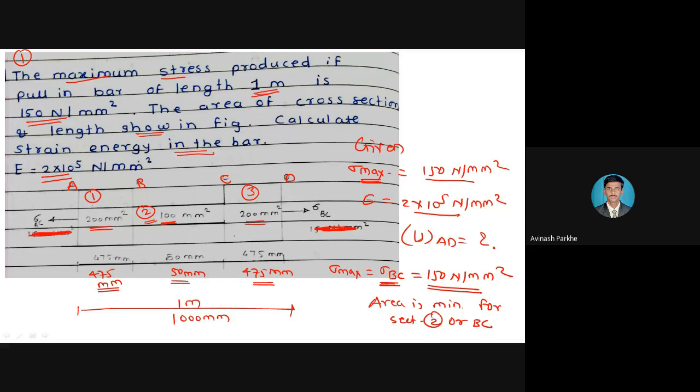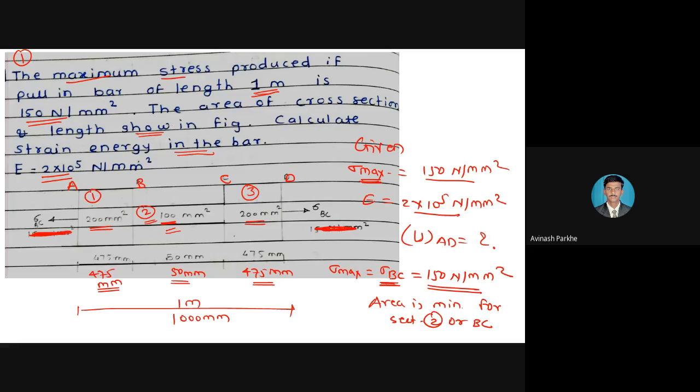To calculate the strain energy stored in AB, BC, CD, we have the formula sigma square upon 2E into volume. Young's modulus is available, volume is available, but sigma is not available. Only sigma of BC is given, but what about sigma of AB and sigma of CD? So initially we have to calculate the stresses and then the strain energy.